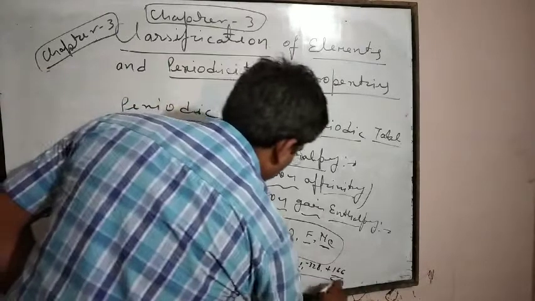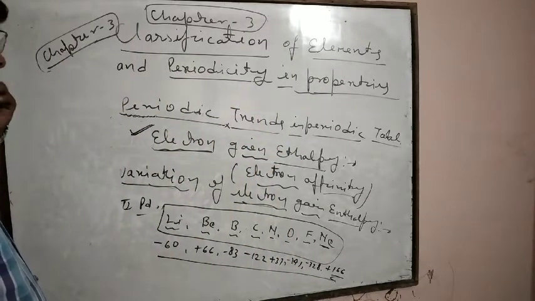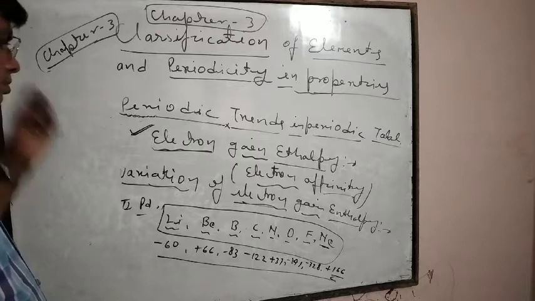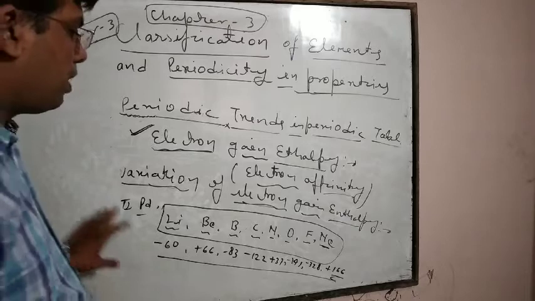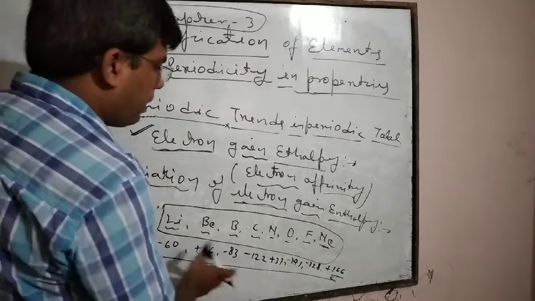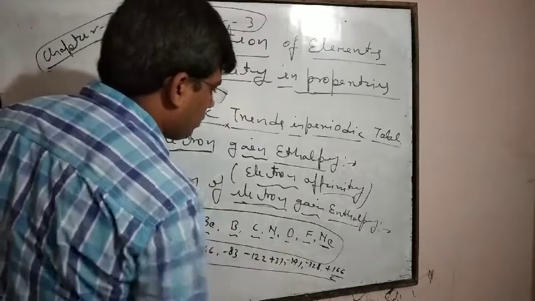This is the value of electron gain enthalpy. While moving from left to right in a period, the negative value of electron gain enthalpy is increasing.